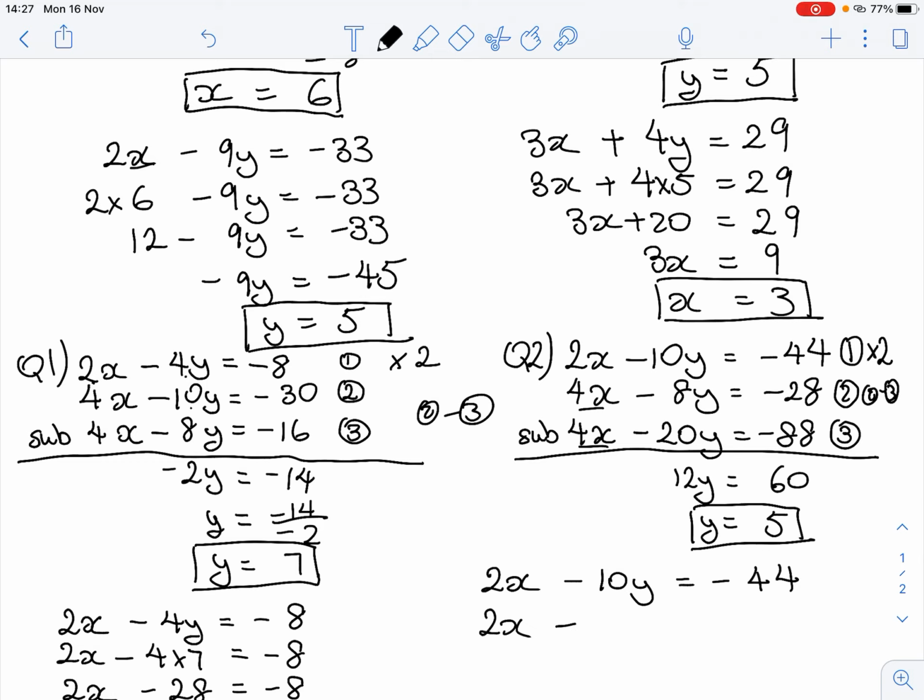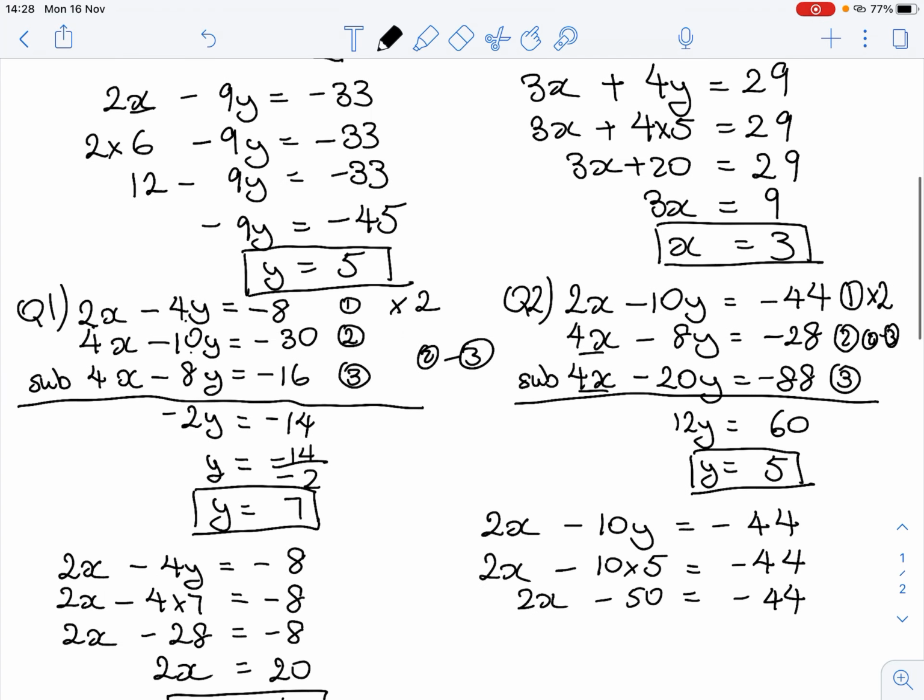We substitute 5 into the equation, so 10 multiplied by 5 gives 2x minus 50 equals minus 44. We add 50 on both sides of the equation, so 2x equals 6. Then we divide by 2 on both sides, so x equals 3.